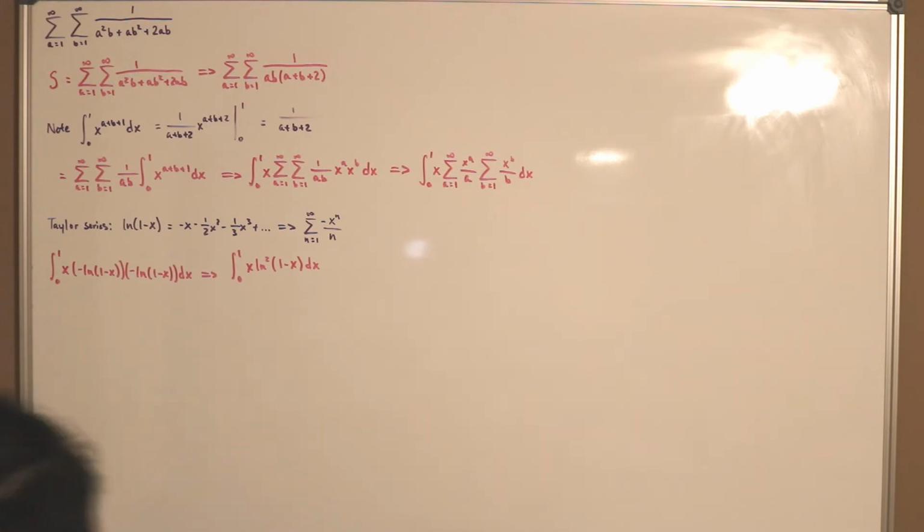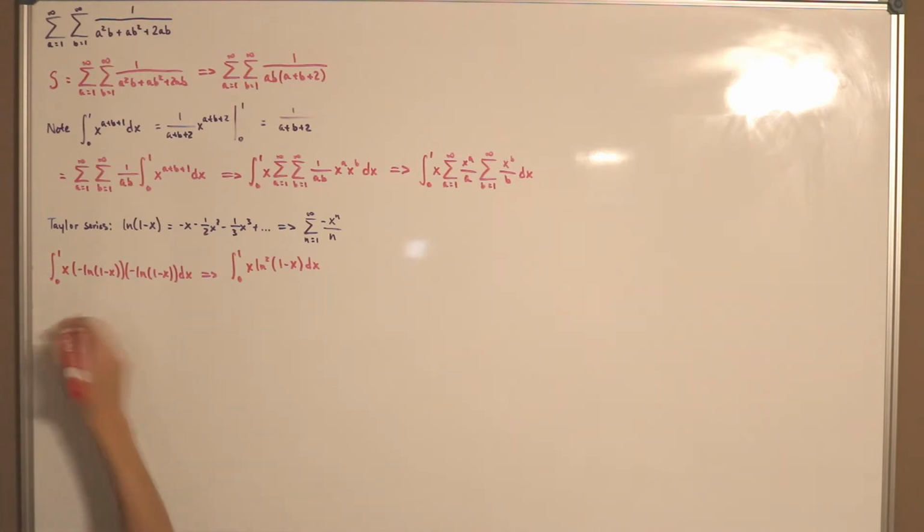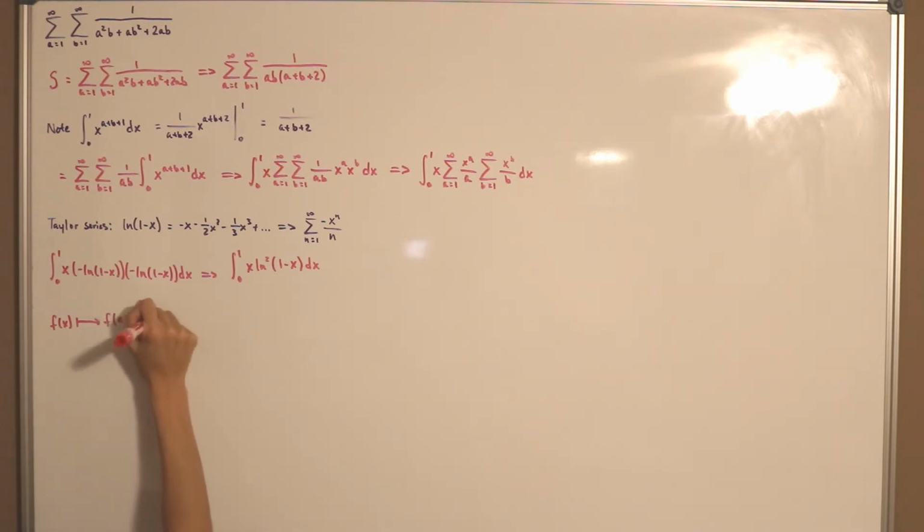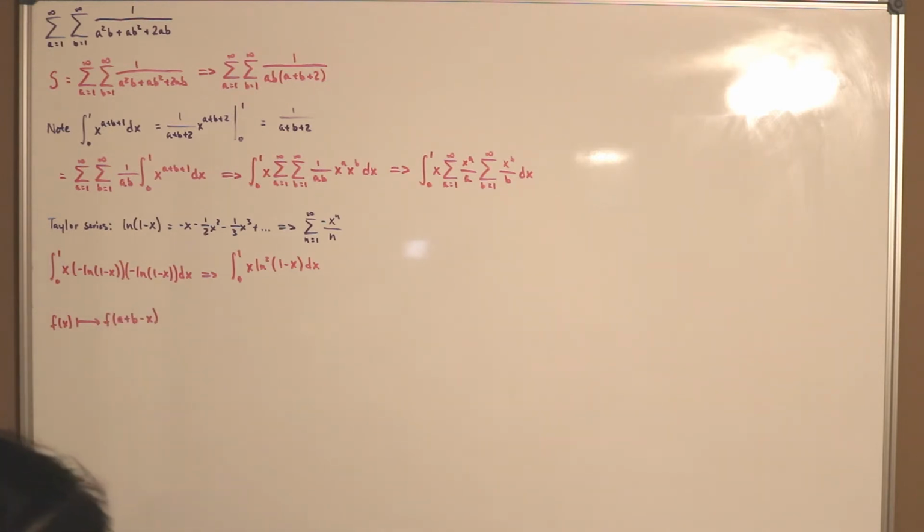Okay, nice. And now the next thing I want to do is apply the definite integral reflection identity. So we're going to be replacing f of x with f of a plus b minus x. So it's mirrored.